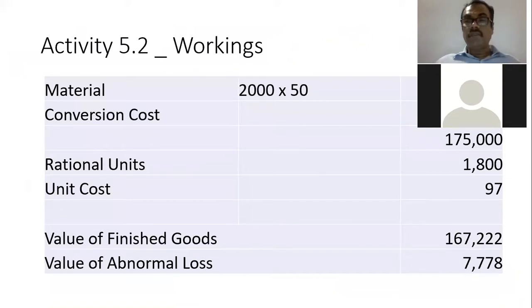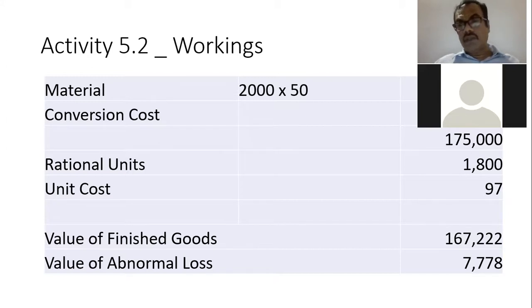All right. Now, just go back to the basics. If there were no normal losses, 1 kilogram, 1 unit, you introduce 2000, then the expected output is 2000, no loss. Actually, you produce 2000.